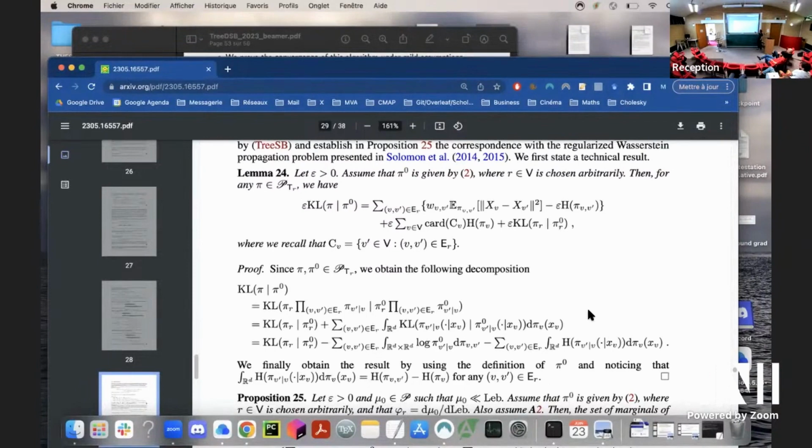So you recover the Wasserstein propagation problem. This comes from the pi 0 because you have something which is Gaussian, and the entropic of the joint and entropic of the marginal come from the decomposition of the conditional. And since you have several children, you have this cardinal of C(v) being the number of children. Because I start from this node, for example.